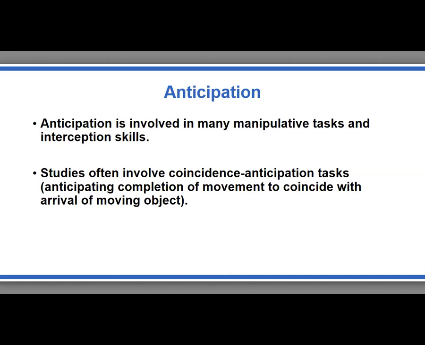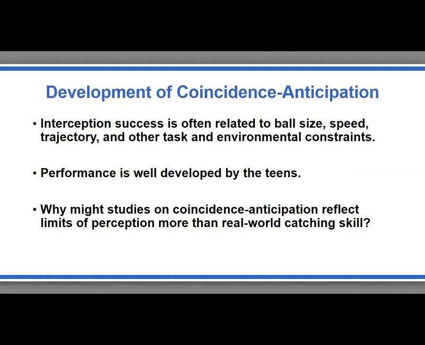Again, if your anticipation is incorrect, rather than just making adjustments and not anticipating, that can also play against you in certain aspects, certain times. So interception success is often related to ball size, speed, trajectory, and other task and environmental constraints. Performance is well developed by the teens.